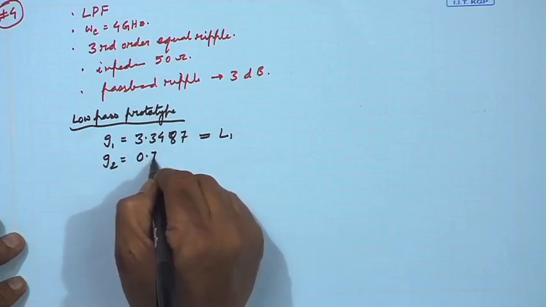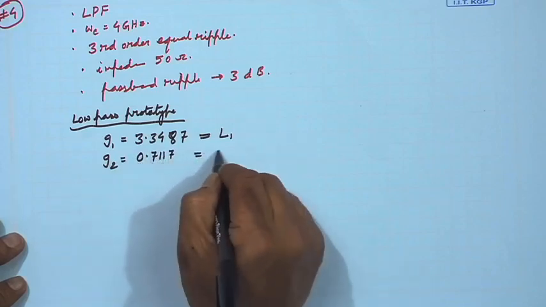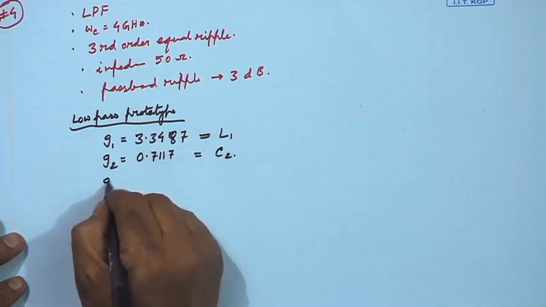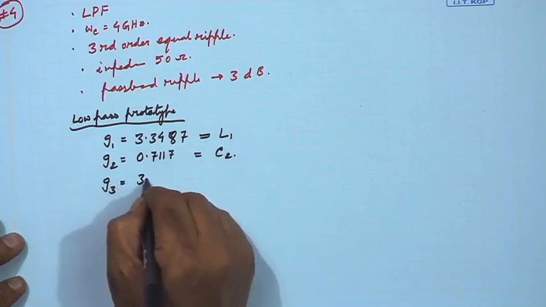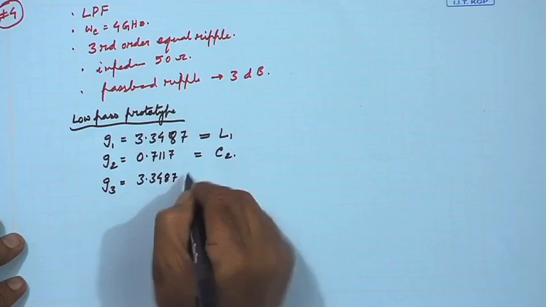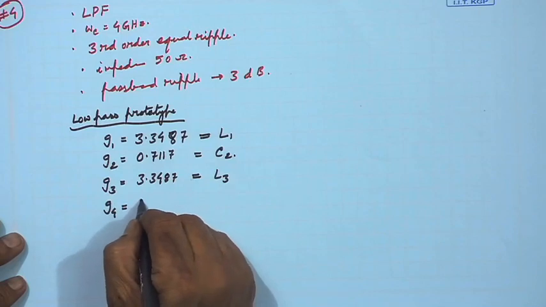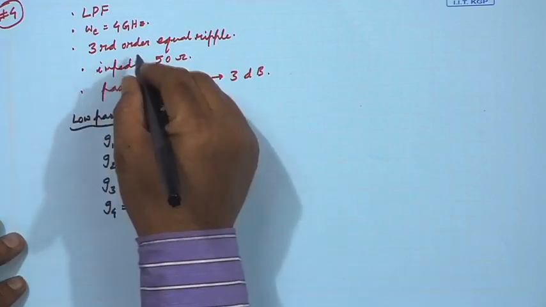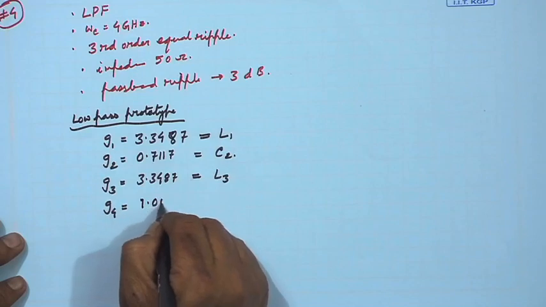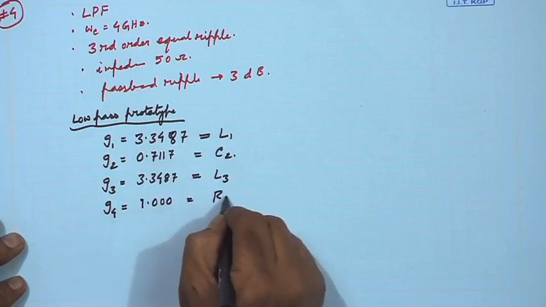Then G2 is 0.7117, let us call that C2. G3 from the table is 3.3487, and that we call L3. And G4, again I said Chebyshev with n odd, third order, is 1.0, and this is RL.